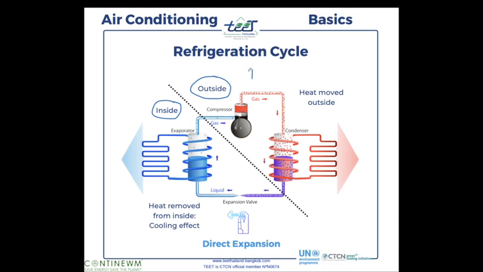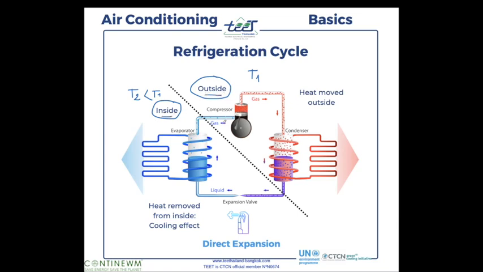Here we have the outside temperature T1, and here we have the inside temperature, which is smaller than T1. This is where we want to remove the heat. We want to extract the heat from inside, and remove the heat to outside.